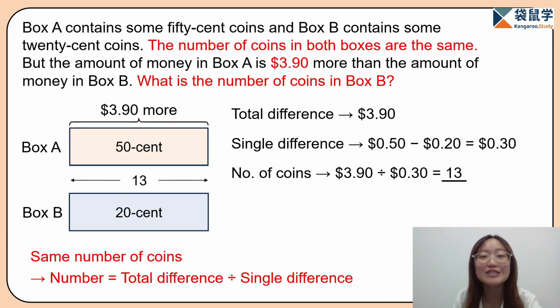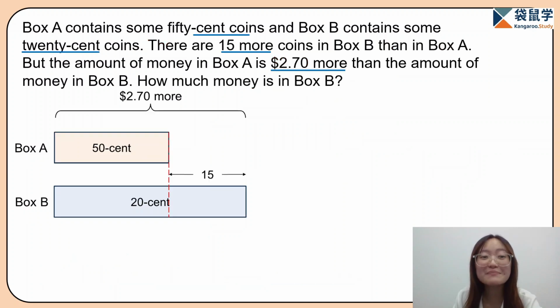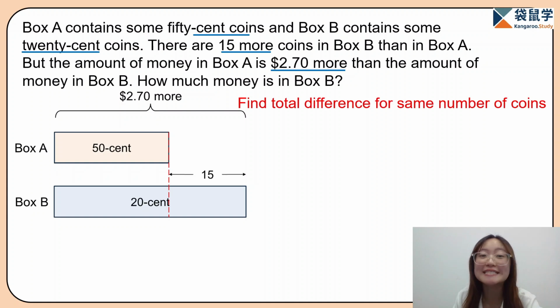Now let's get back to our question. So remember it was easier with the same number of coins. So let's find the total difference for the same number of coins, which is over here on the left of the model. So firstly, looking at our model, we have 15 more 20-cent coins. How much is this? 15 times 20 cents, which is $3. Now everyone, this is the key part.